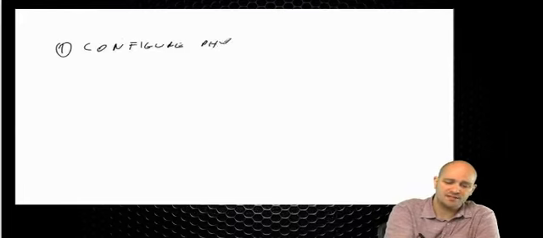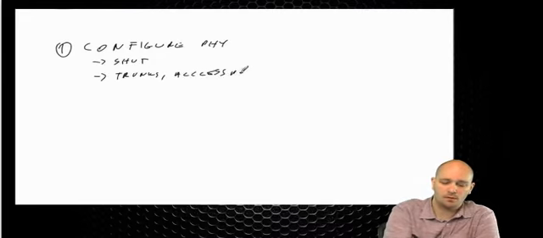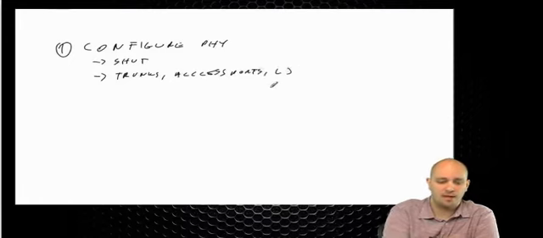So my steps for configuring EtherChannel is to first configure physical interfaces, and this is where I start by shutting them down, then configure them as trunks, access ports, or layer 3 ports, make sure that all of them are configured properly.